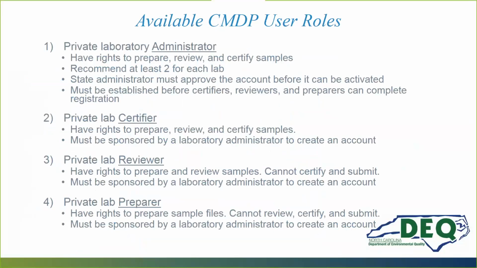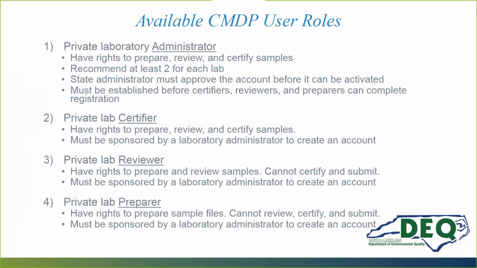So as I mentioned before, there's 4 available user roles. You've got this private laboratory administrator, which basically has access to all of the different roles. So you can go through each step of the upload and certification process without handing off the final submission to someone else within your organization.